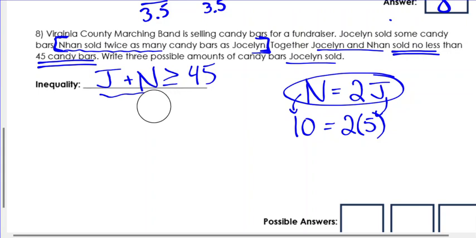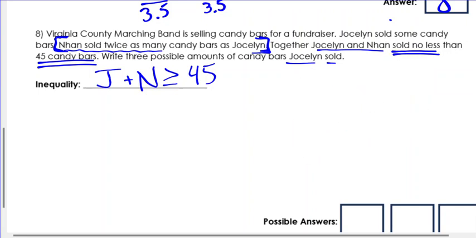Right, now we get to the really tricky step here. So that part, I kind of think you might have understood intuitively, but then what do you do from there? Well, if we know that N and 2 times J are the same amount, we can substitute this expression. I'm going to rewrite this just so it's not so sloppy.